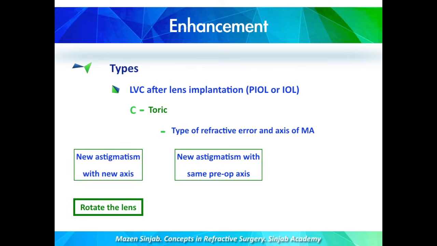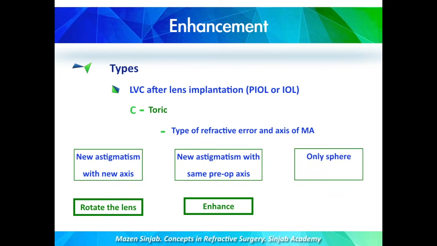If the patient has new astigmatism with the same pre-op axis, then we have to do enhancement. And if the patient has only sphere, then we have to do enhancement. So we do enhancement if the patient has residual refractive error of only sphere or new astigmatism but with the same pre-op axis. Otherwise, if it is a new axis, then we have to rotate the lens.